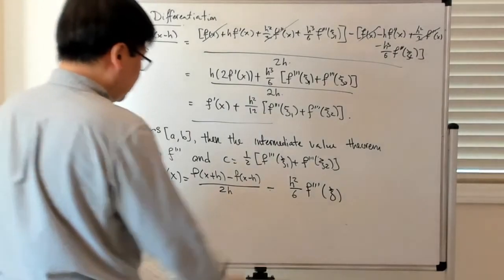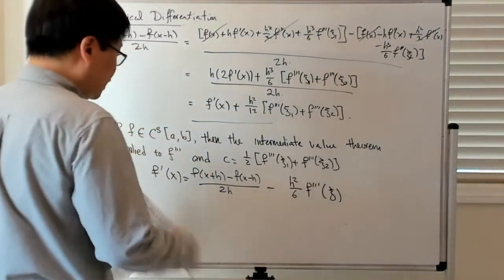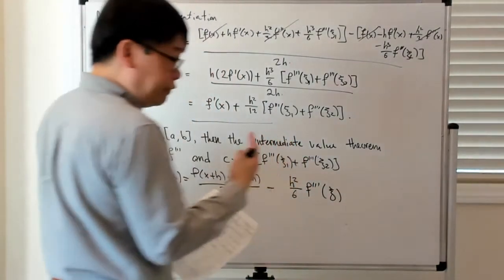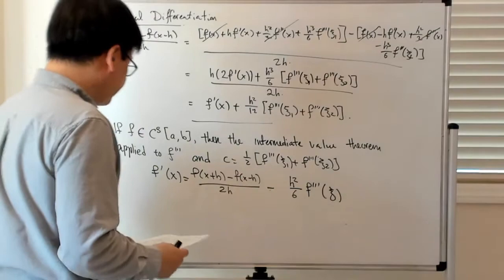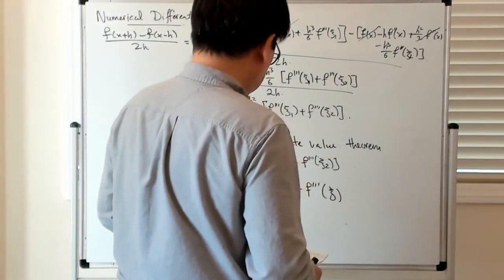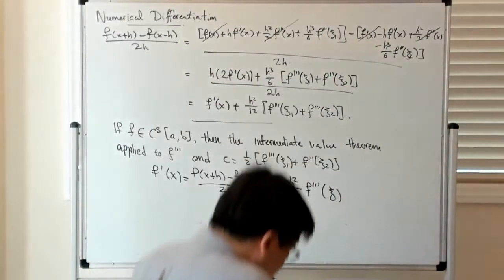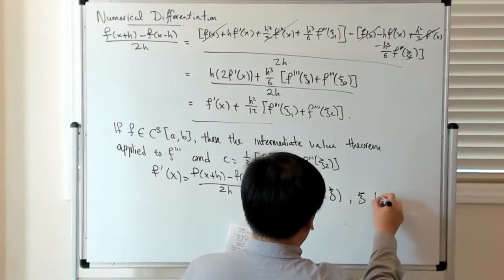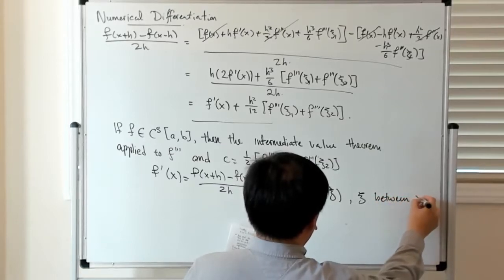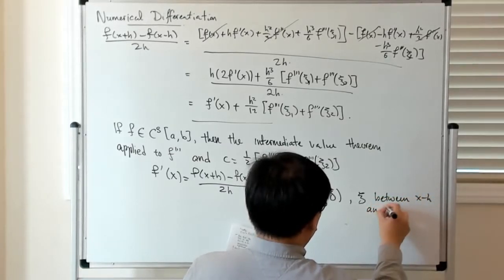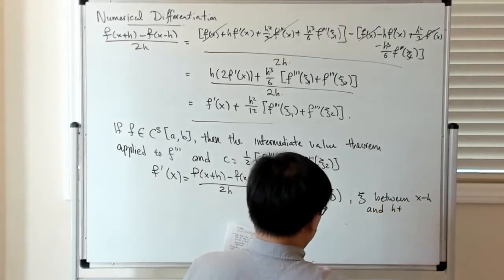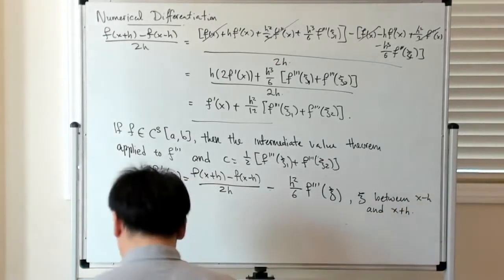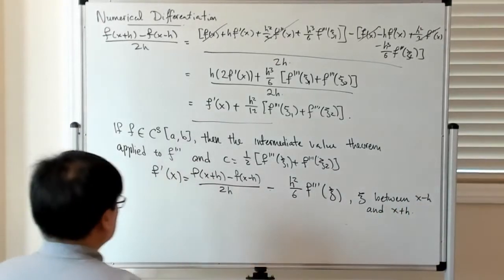Now, I'm essentially combining these two terms and replacing them by some other evaluation of the third derivative of f, but at some other point. And c is between x minus h and x plus h, right?